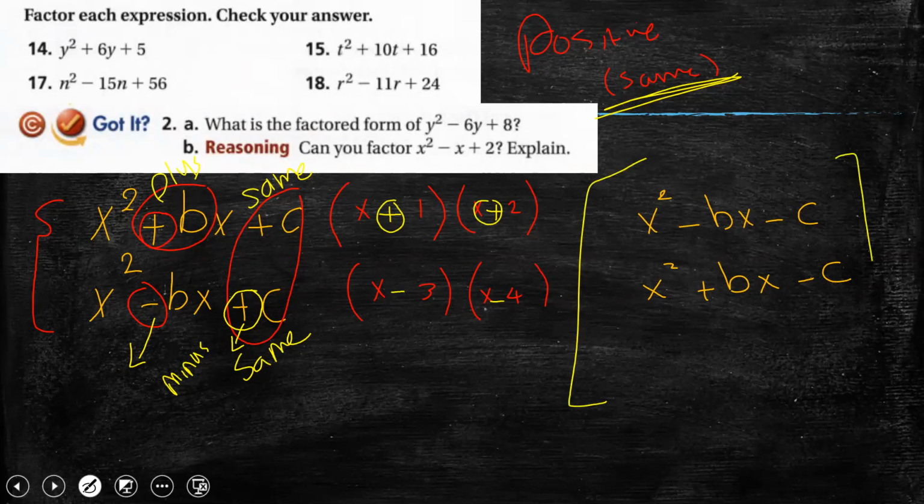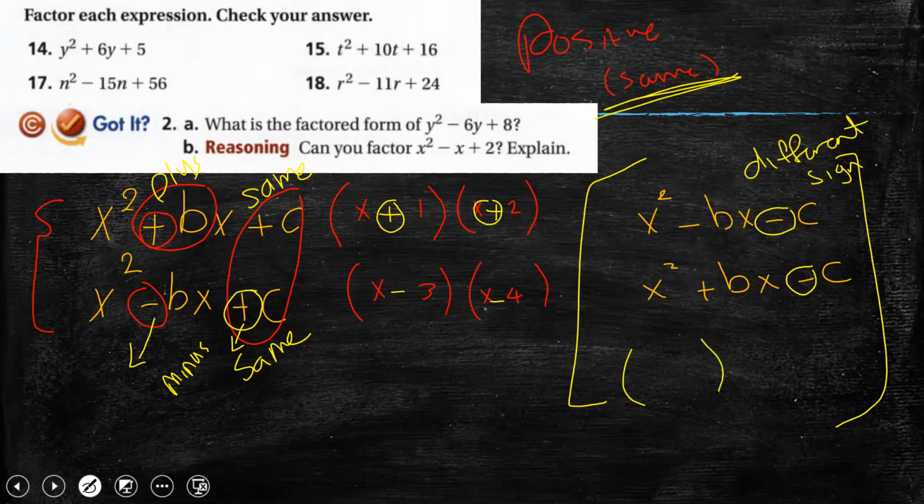This is now the second 2 cases. We will talk about them today. Today now, look at C. It's negative. If you have a negative C, that means we have a different sign. What does that mean? It means we must have one positive and one negative.